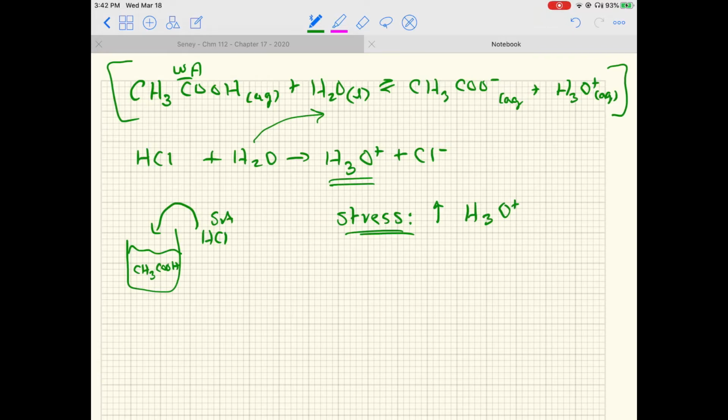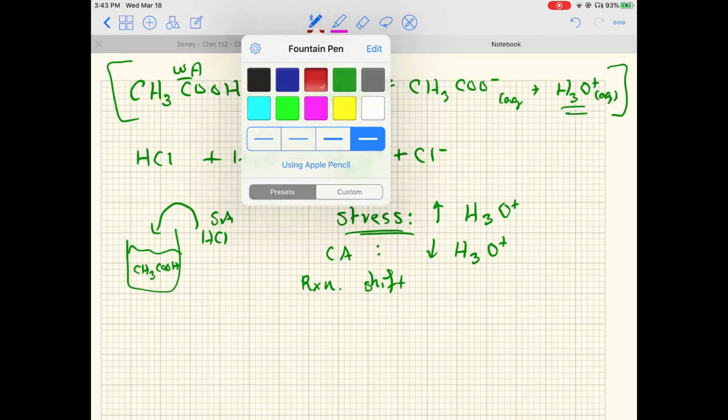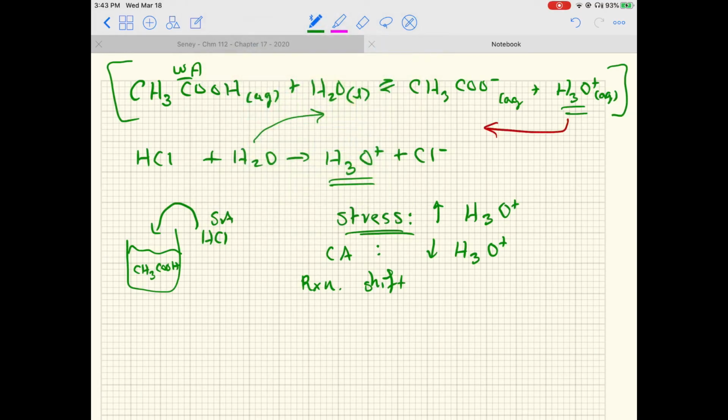So if we increase the H3O plus, if that's the stress, Le Chatelier says there's a counteraction to that stress, and therefore it will decrease the amount of hydronium ion. In order to do that, the reaction will shift in what direction? Here we need to decrease H3O plus, so the reaction will shift to the left to consume that. So the reaction shifts left to consume H3O plus and reestablish equilibrium.